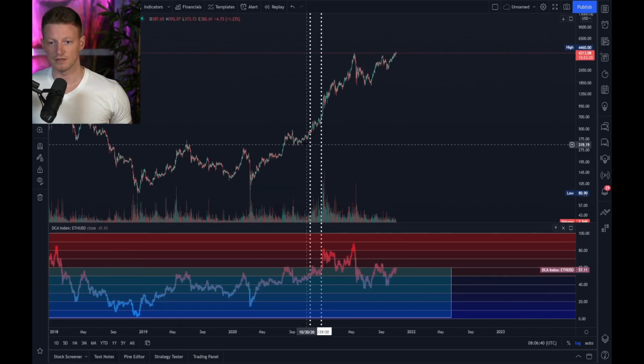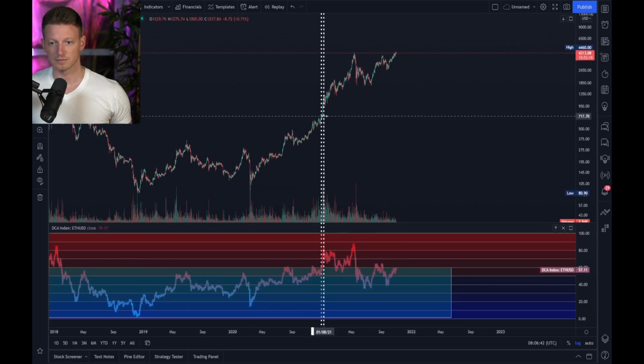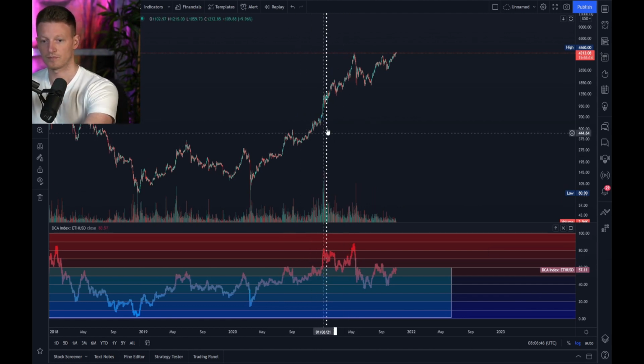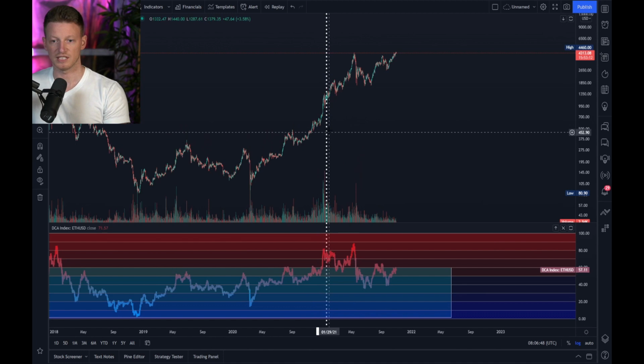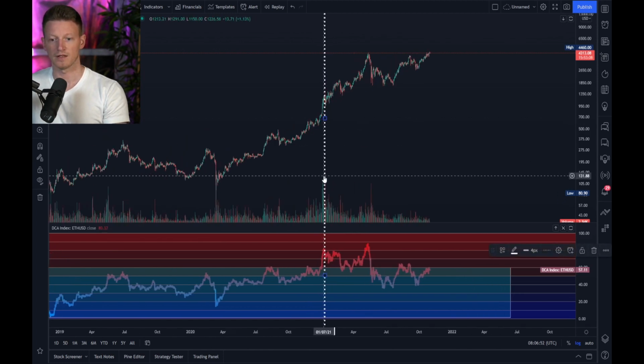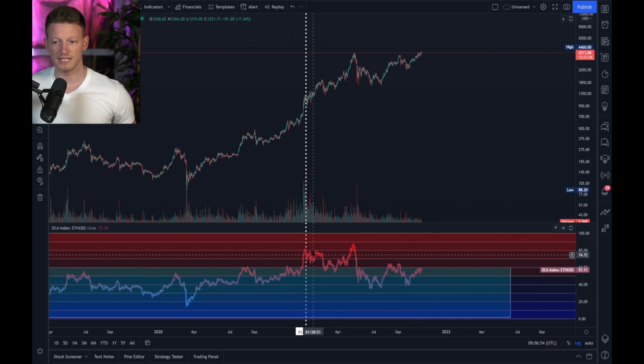So if we come here then, if we go to around January 10th, this is Ethereum now we're looking at. Ethereum was in this 70 range.